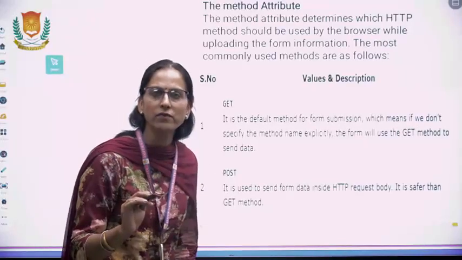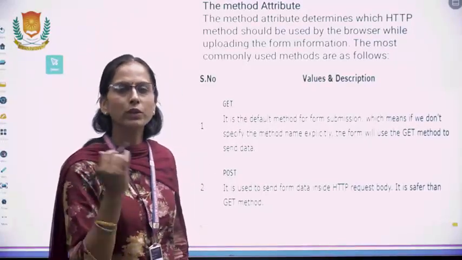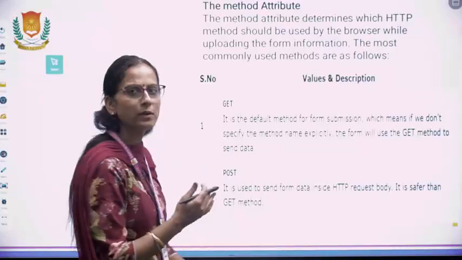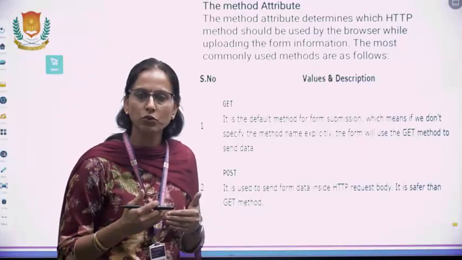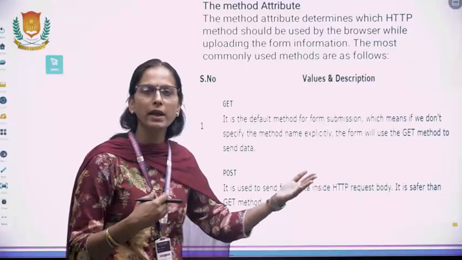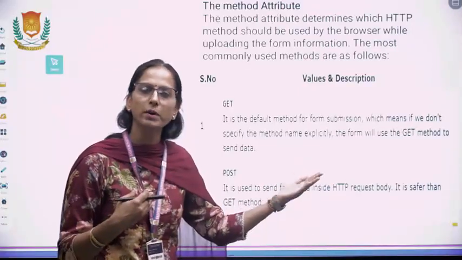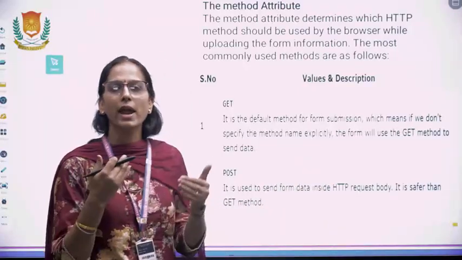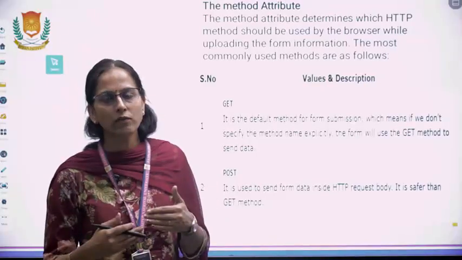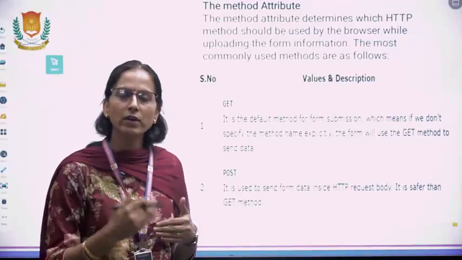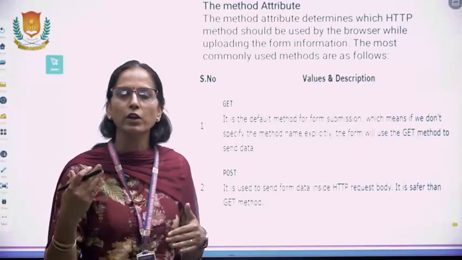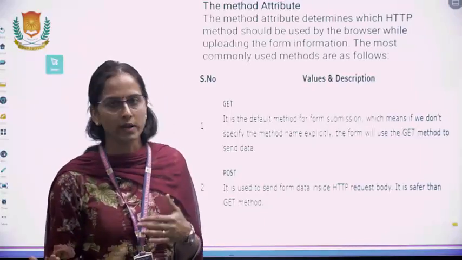If you don't specify the method attribute, then it will be taken as get. Get means we are getting the data from the user and we are submitting and redirecting it to a particular website. At the backend, it will be stored in a kind of database, and further we can process it and use it as and when required.